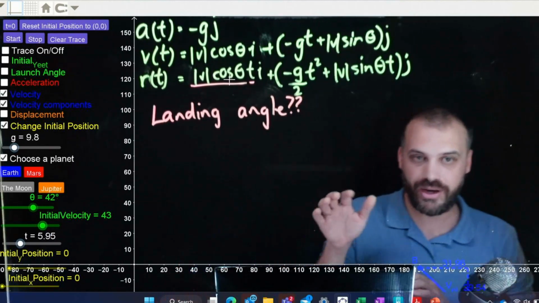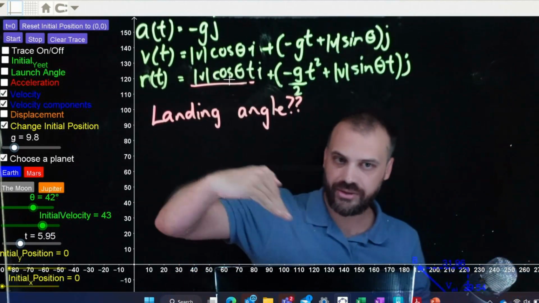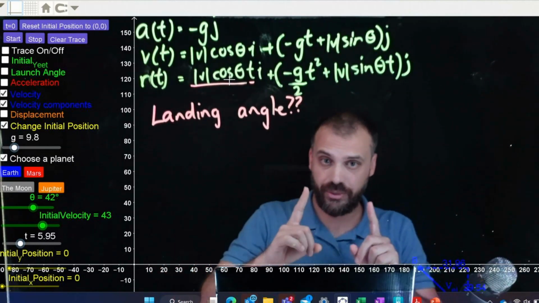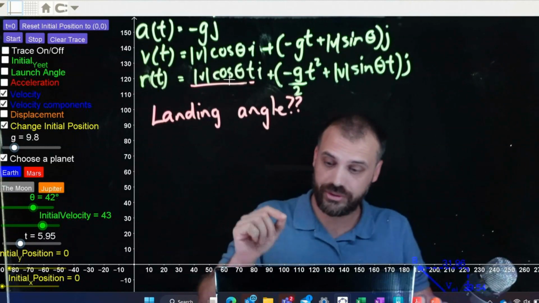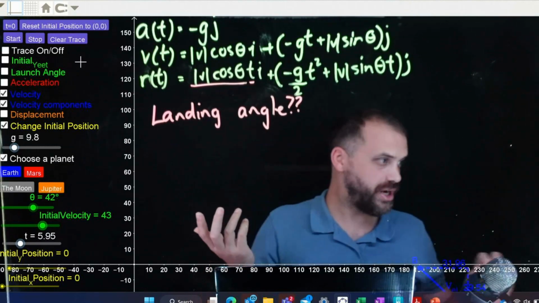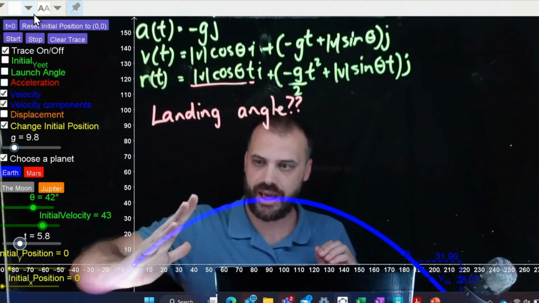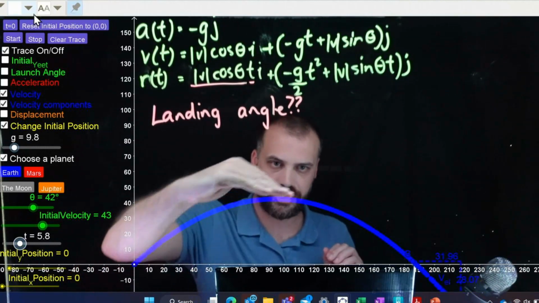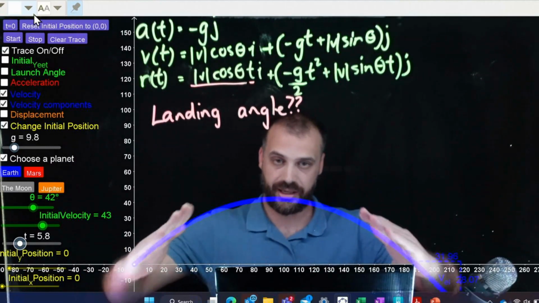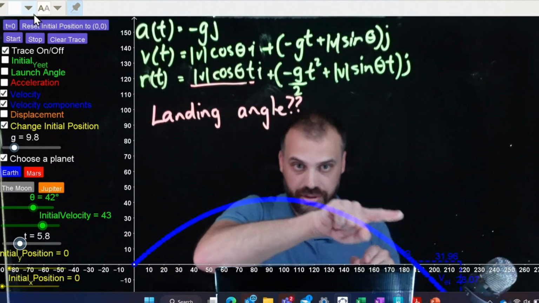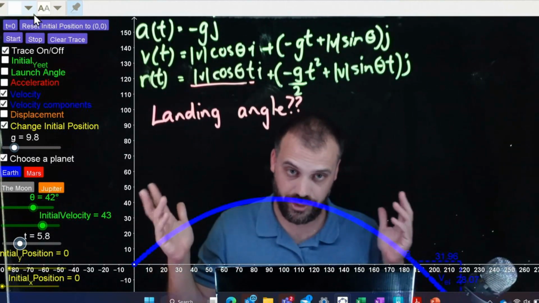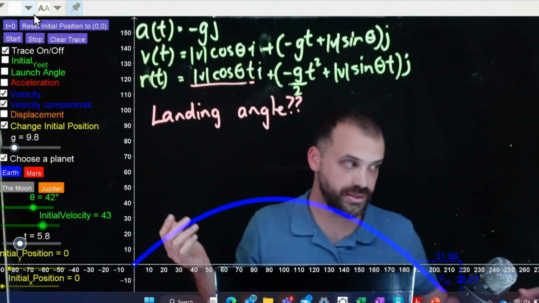Okay, where it lands, the angle that it makes with the ground is actually going to be equal to its launch angle, right? If we were to turn on a trace, that makes a lot of sense. The angle that it's launching at is equal to the angle that it's landing at, because its flight path is symmetrical, at least in our idealized world, without air resistance.